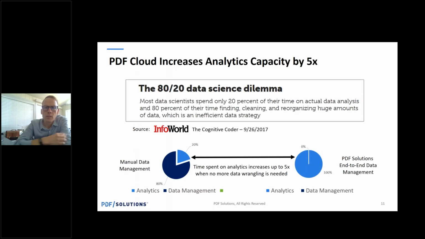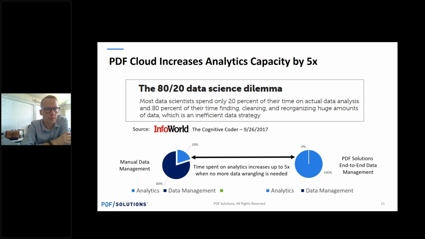So let's talk more about some of the benefits of PDF Cloud. I'm going to read a statement from InfoWorld from 2017, and they state that there's this 80-20 data science dilemma, in that most data scientists are only spending 20% of their time doing actual data analysis, with the majority of their time being spent on finding data, cleaning it, organizing.